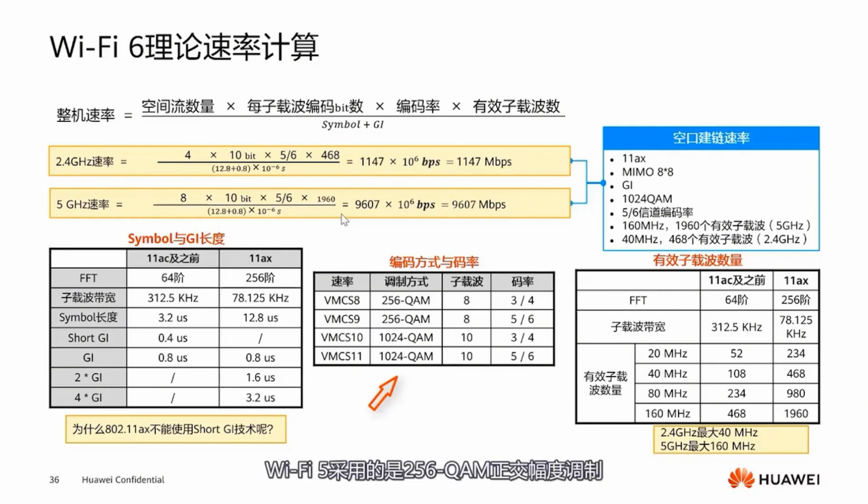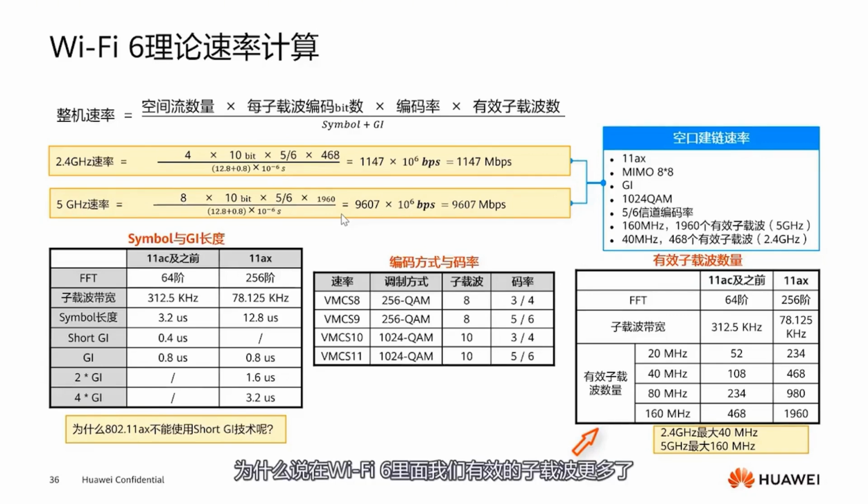Simply put, Wi-Fi 6 uses 1024 QAM quadrature amplitude modulation, each symbol transmitting 10 bits of data. Wi-Fi 5 uses 256 QAM, each symbol transmitting 8 bits of data. We can also see the coding rate here, and then the number of effective subcarriers.